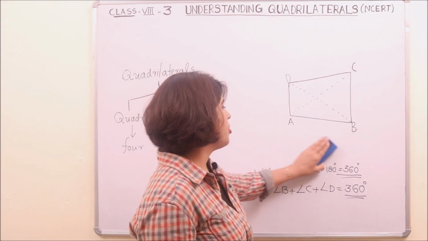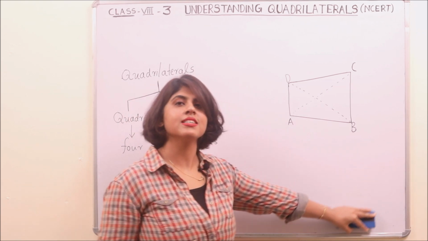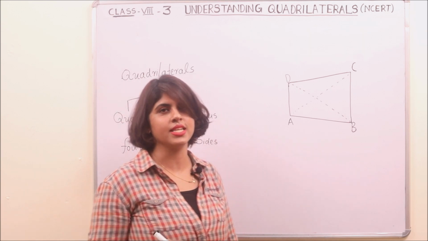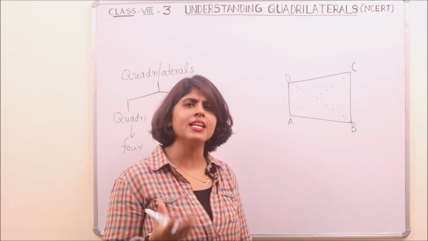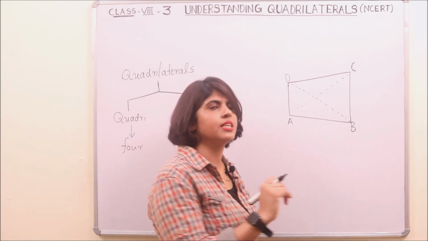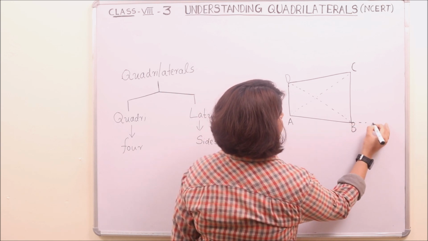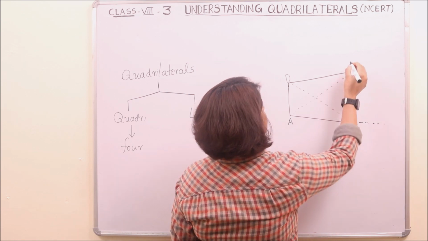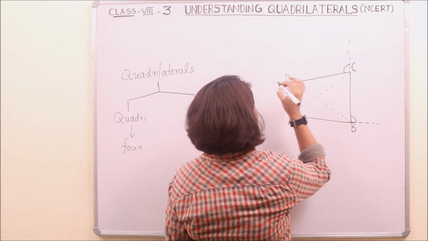Then what about the exterior angle property of a polygon? The exterior angle property says the sum of all exterior angles of a polygon should always be 360 degrees. Even if it is a triangle, quadrilateral, pentagon, any polygon, the sum of exterior angles should be 360 degrees. If we extend the side AB, then this angle is an exterior angle, and if we extend BC, this is an exterior angle.